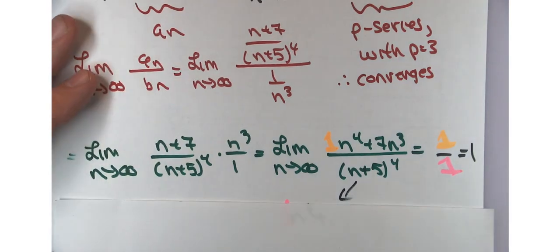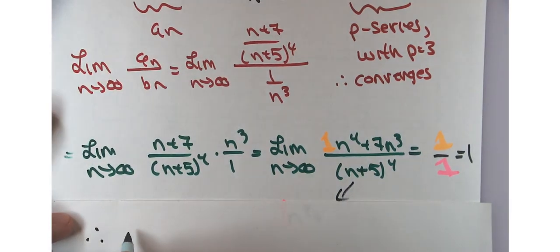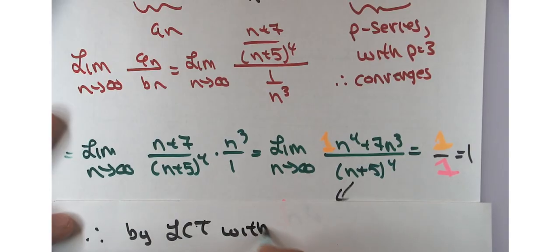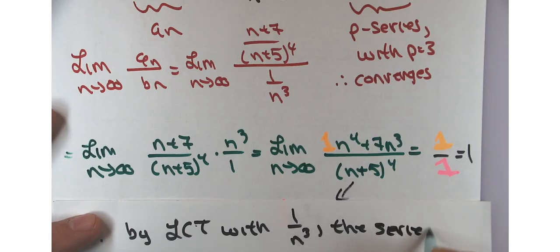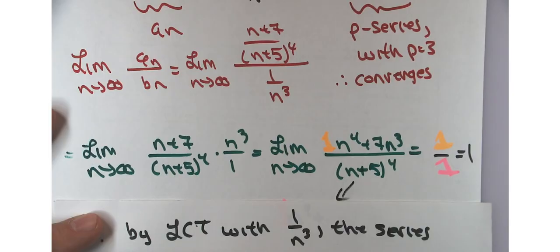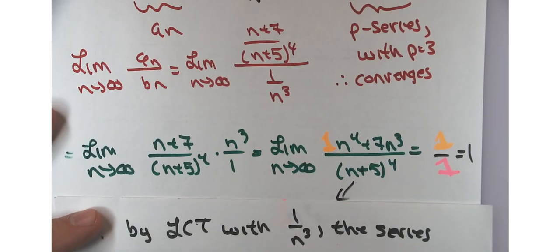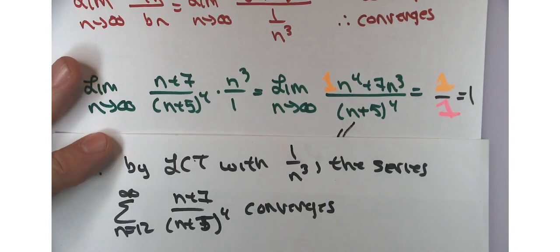Therefore, by the limit comparison test with 1 over n cubed, the series from n equals 12 to infinity converges. That'd be a 5, the fourth power, converges. Yay.